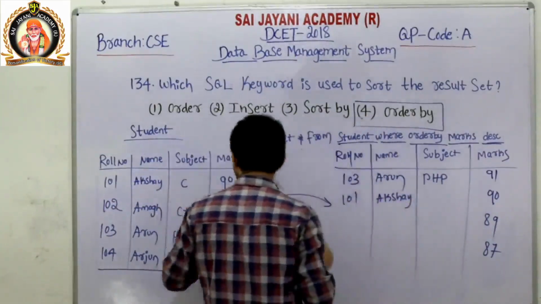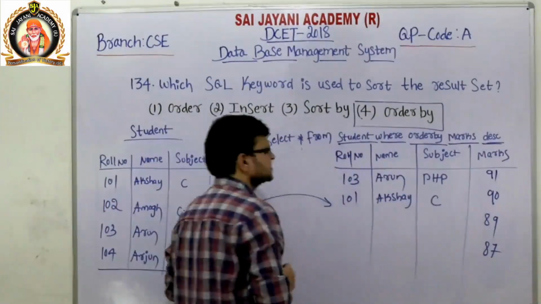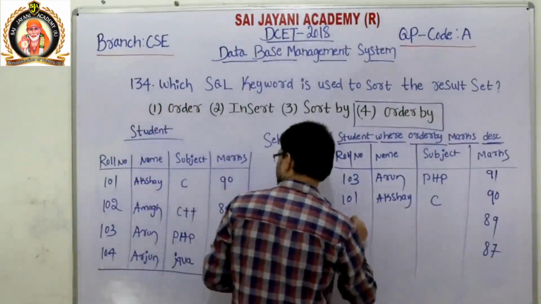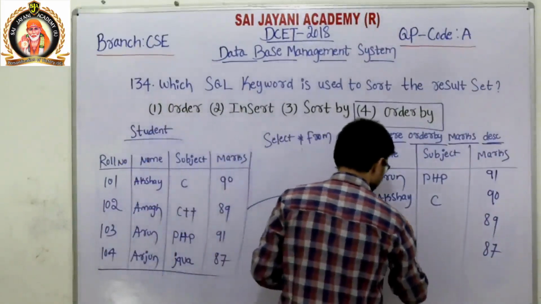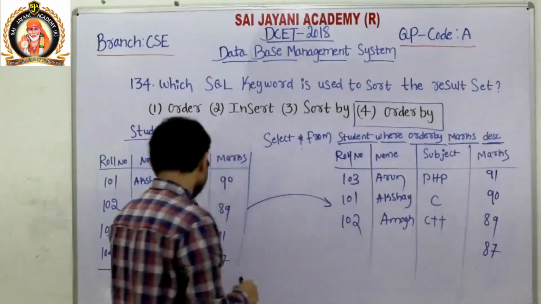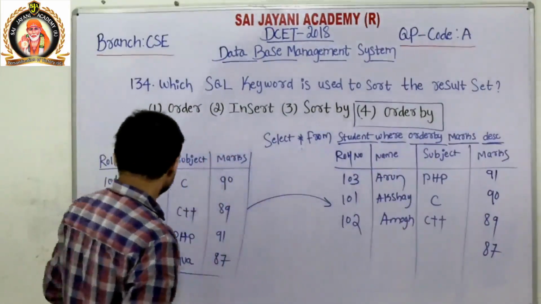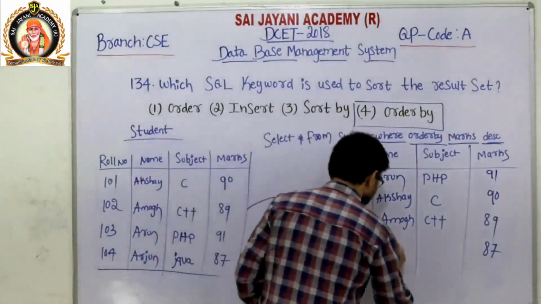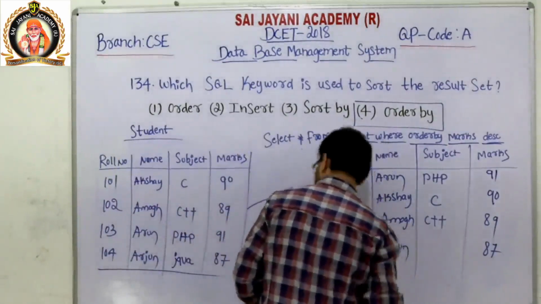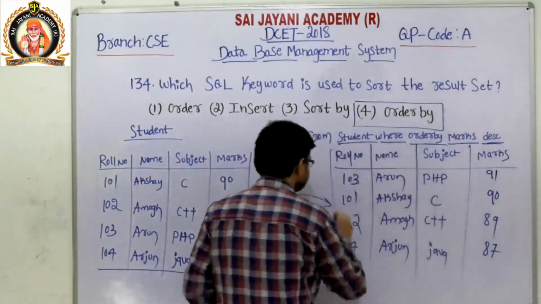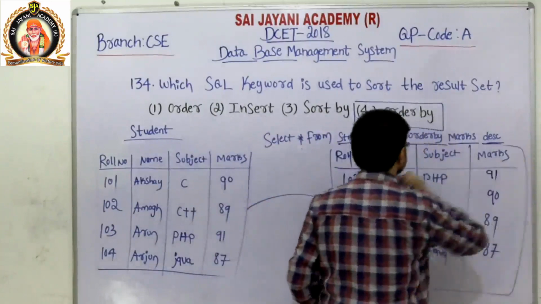He opted subject C. Similarly, who got 89? That is Amok, and he opted subject C++. Similarly, 87, the last one, that is 104, Arjun. He opted subject Java.